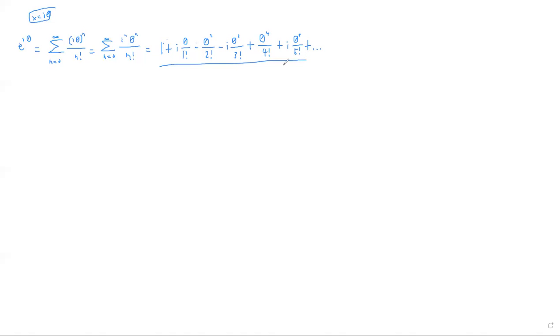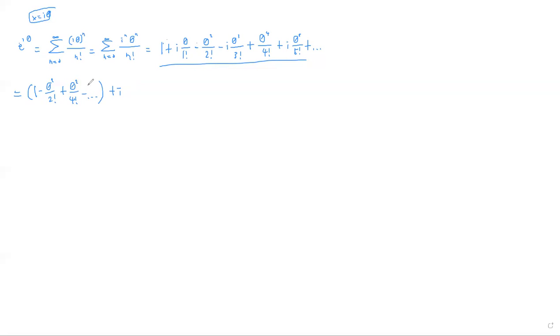Let's separate it out into its real and imaginary components. For the real part, I'm going to write this in brackets because I want to distinguish them very carefully: 1 minus theta squared over 2 factorial, plus theta to the 4 over 4 factorial, minus ... plus i times, you could have done one more term, but I know the formula for this already, so I'm just going to stop here.